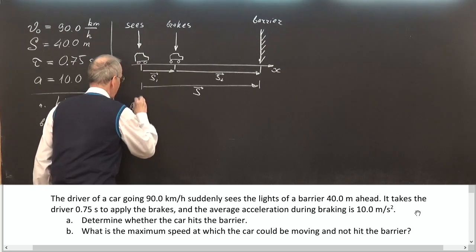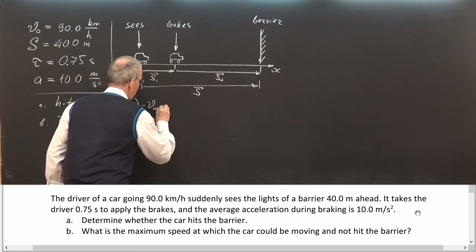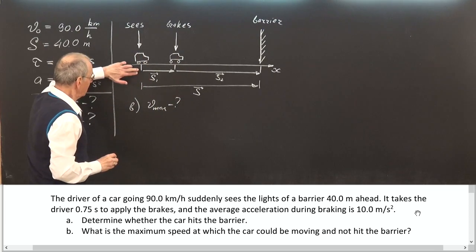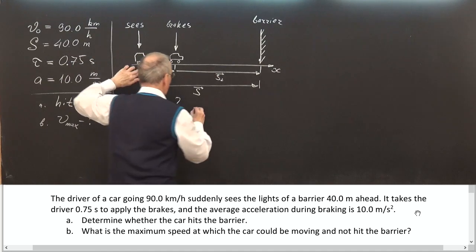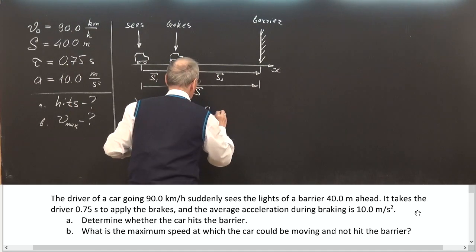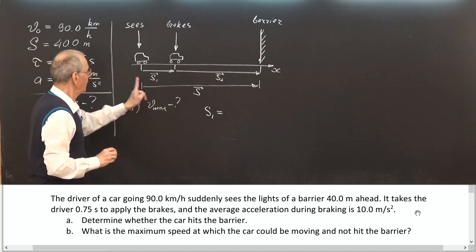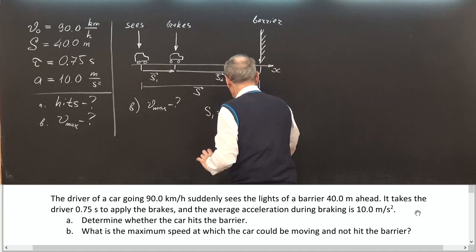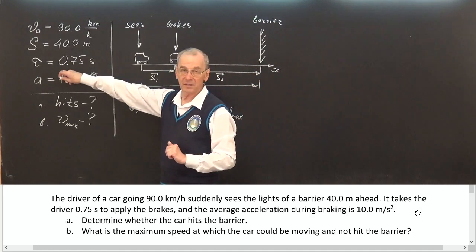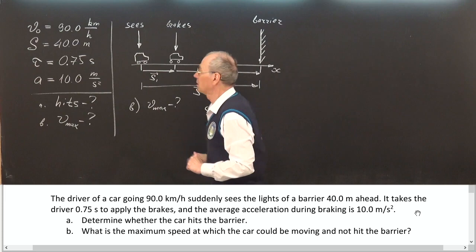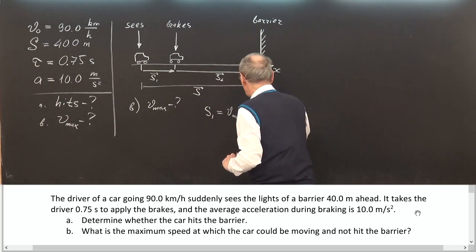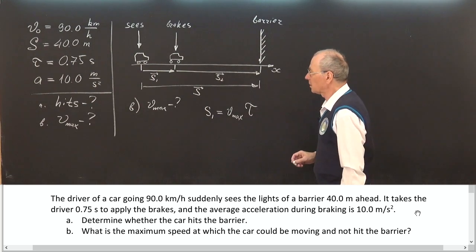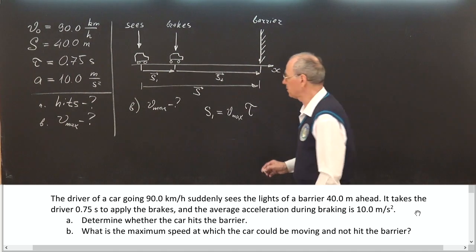B, V maximum. So we can write S1, since the car moves at a speed V maximum during the latency time tau. This product is the distance S1.